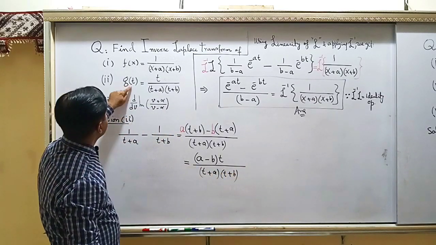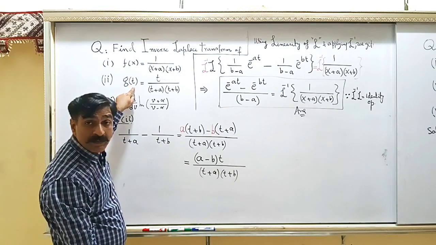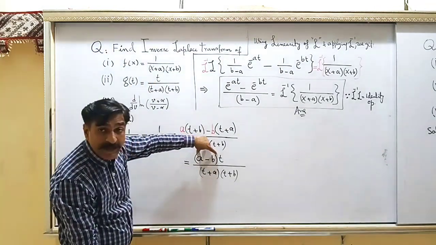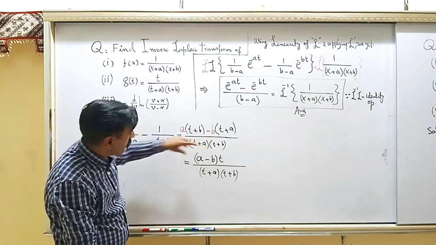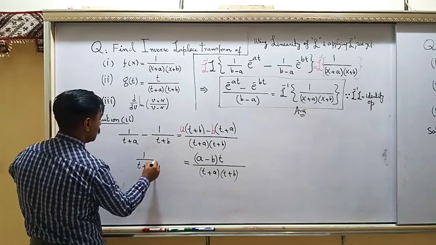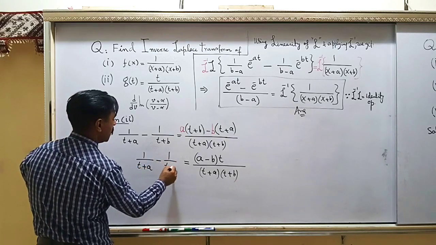Now in the given Laplace transform, you have only t. This a minus b is extra, so move it to the left. So the left side is 1 over t plus a minus 1 over t plus b.